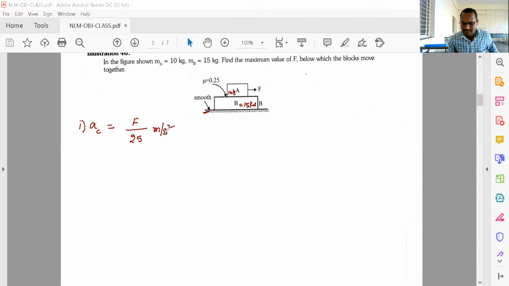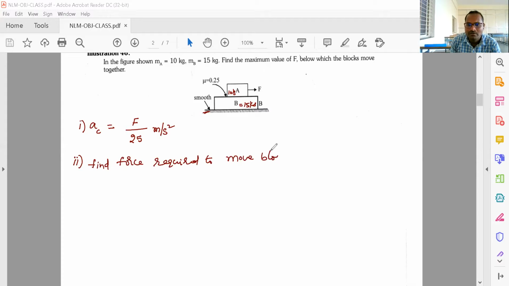Next, step 2. What we need to do is find the force required to move block B. How much force is required? Take block B. This is moving with an acceleration of F by 25 meter per second square.